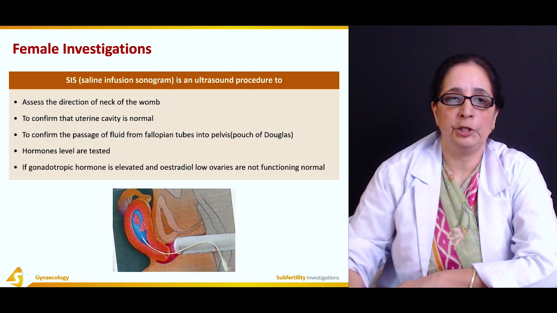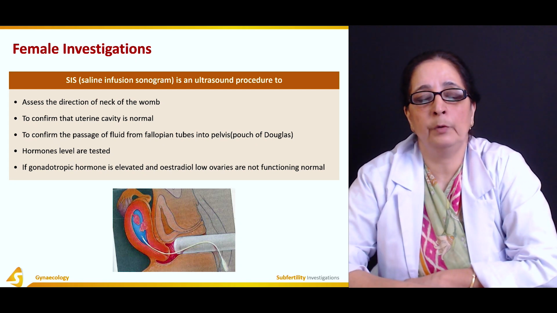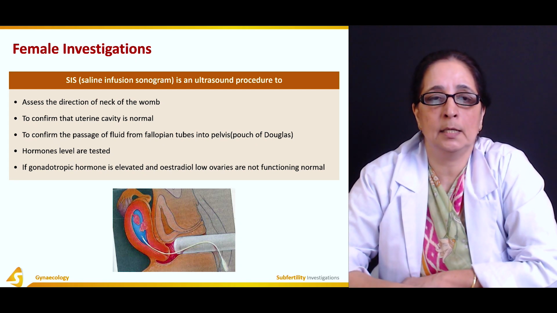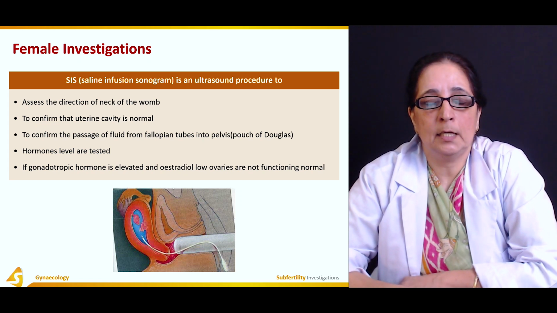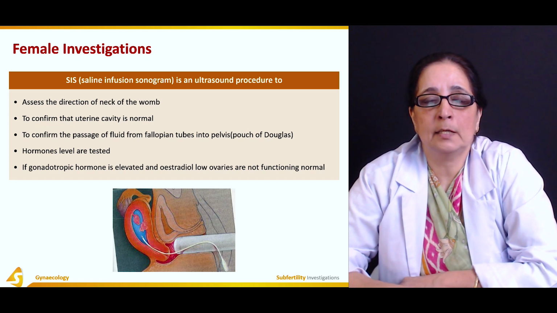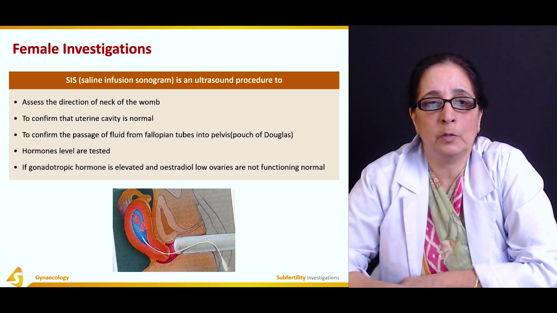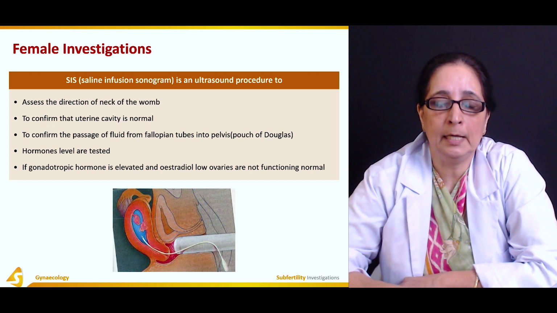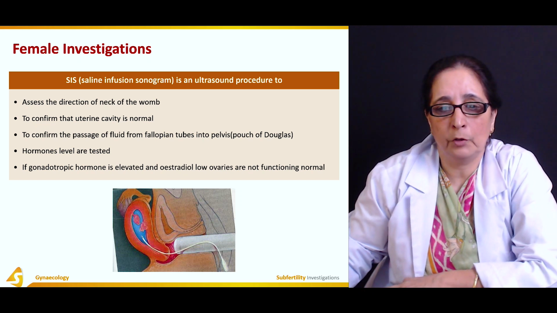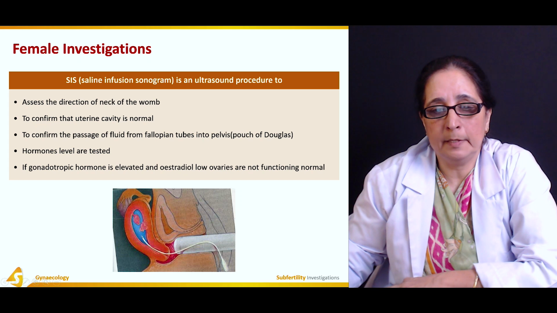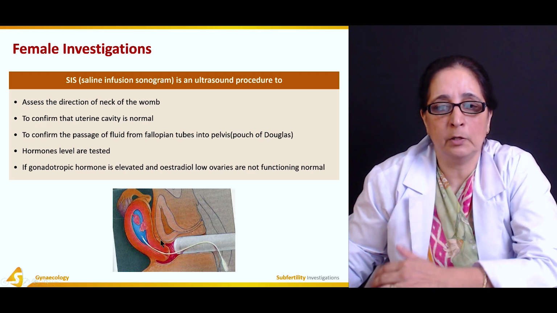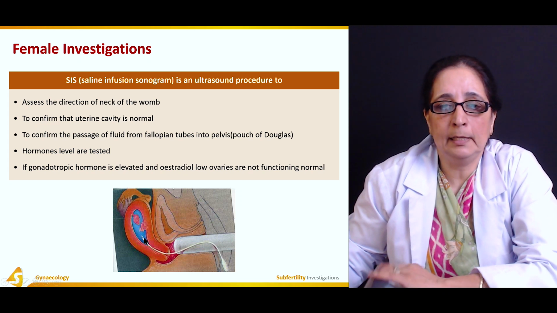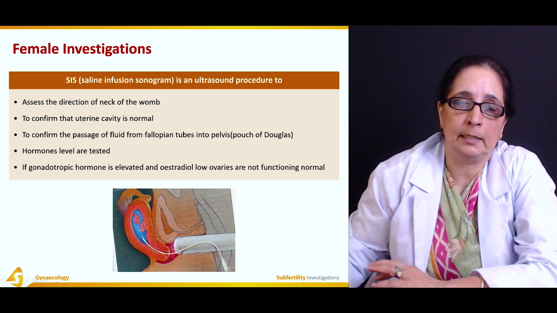For female patients, the very important test done is called SIS. SIS is saline infusion sonogram. It's an ultrasound procedure to assess the direction of the neck of the womb or uterus. Sometimes the neck of the uterus is pointed or directed differently, that leads to infertility.